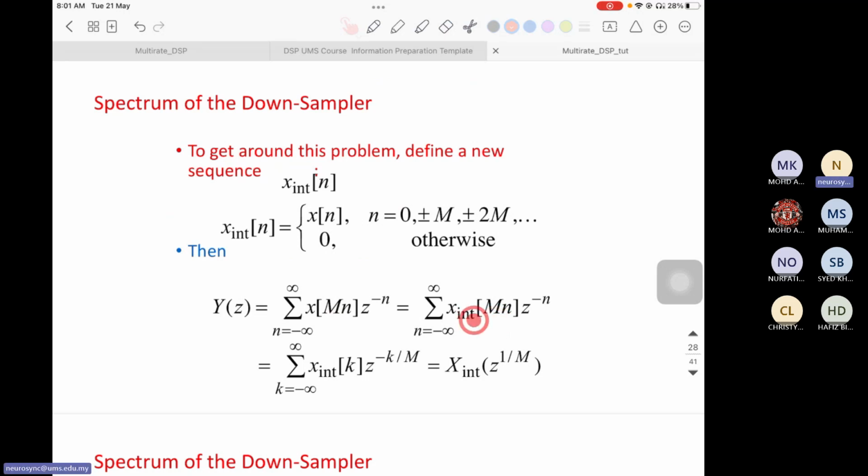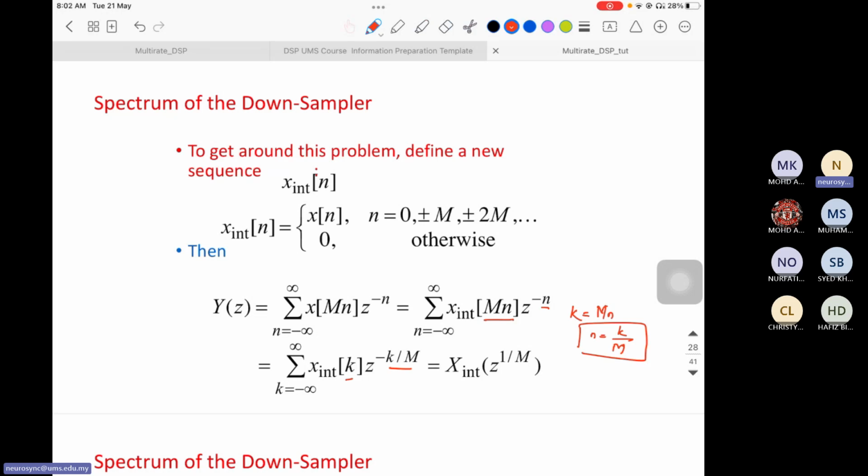Okay. So x integer of M n, n will go from minus infinity to infinity, z to the power minus n. Okay. Now I will define a new variable k, which is equal to M into n, and n equal to k by M. So instead of Mn, write k here, and instead of n, write k by M. Okay.